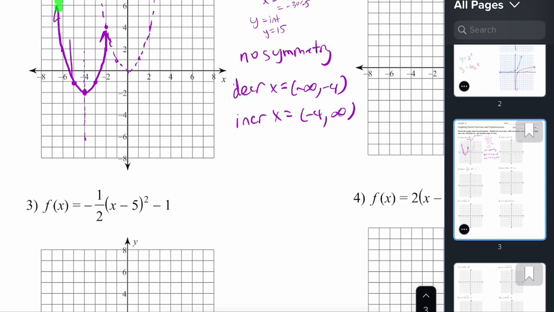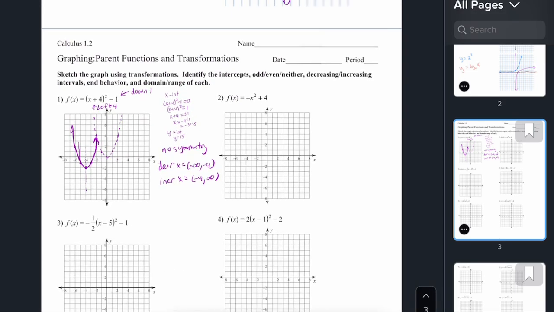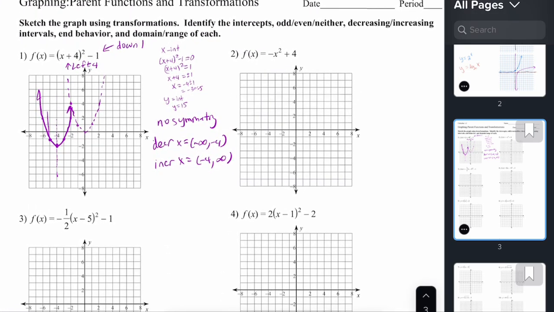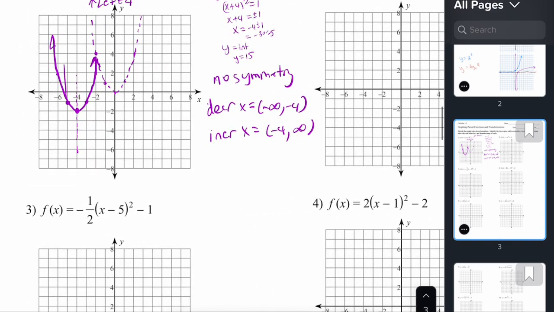So from an x value of -infinity to an x value of -4, my function is decreasing. And then from an x value of -4 to an x value of forever and ever, my function is increasing. So remember, the word is describing what the y is doing. The x, that's why I always put x equals on the interval to remind me that's what the x is doing. Okay. And then end behavior.